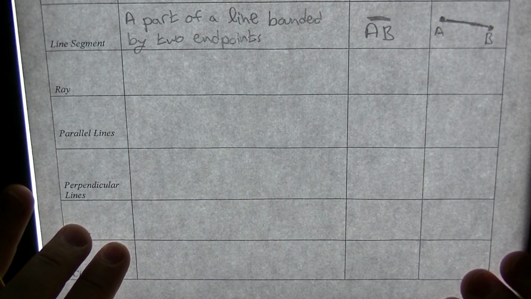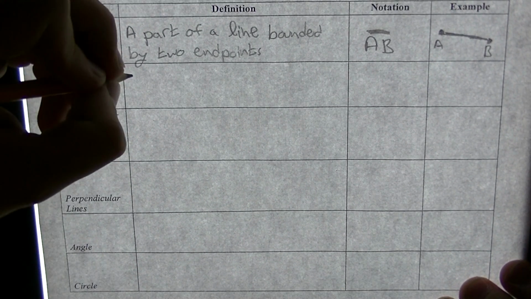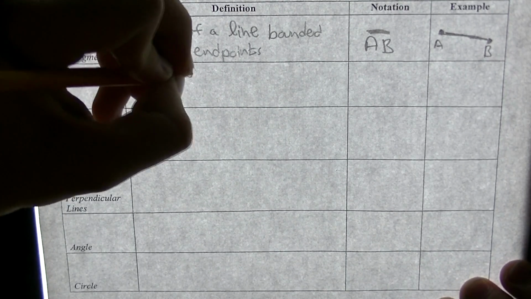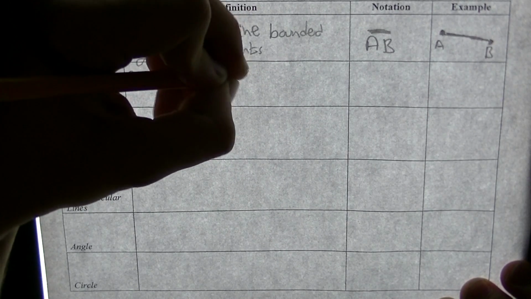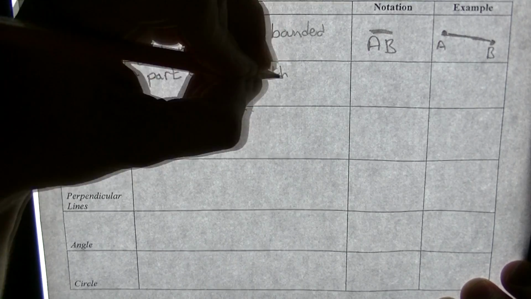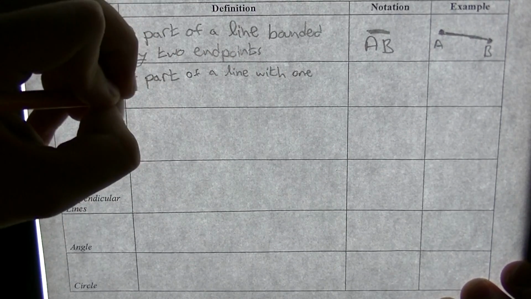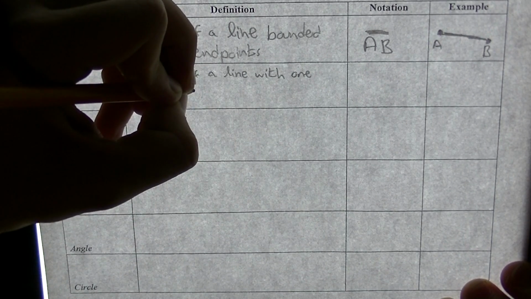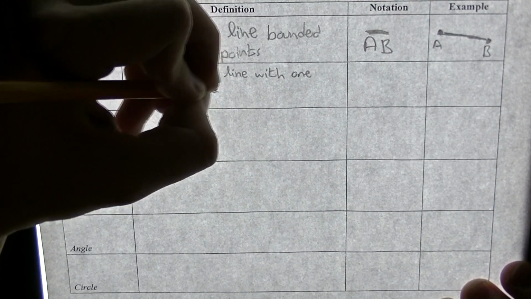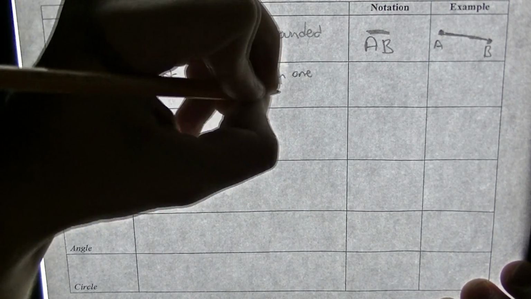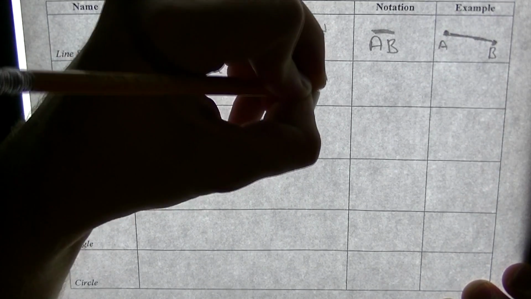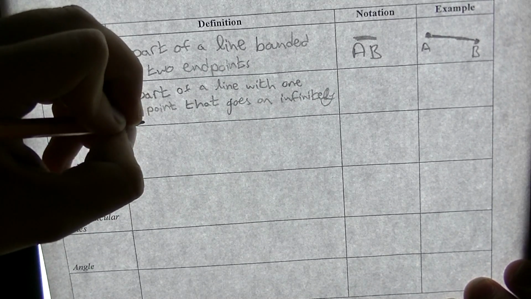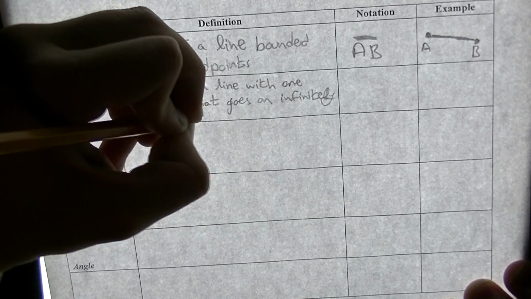All right, let's go on to a ray. A ray is a part of a line with one endpoint that goes on infinitely in one direction.